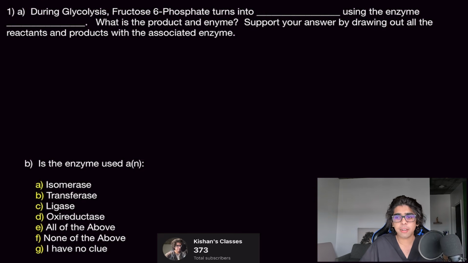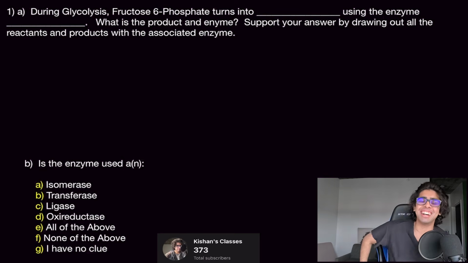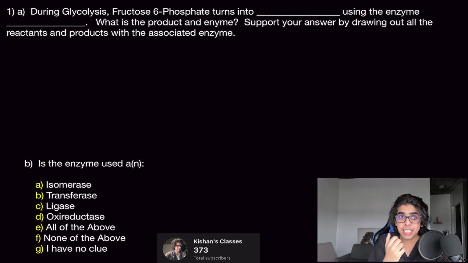What we do is we take, there's the fire truck. Sorry. It takes an ATP molecule, strips the phosphate off. Sorry, give it a second. It's doing its siren thing. Sorry, it's bugging me. Takes the ATP molecule, strips out the phosphate, donates it to the fructose molecule, so it becomes fructose 1,6-bisphosphate.